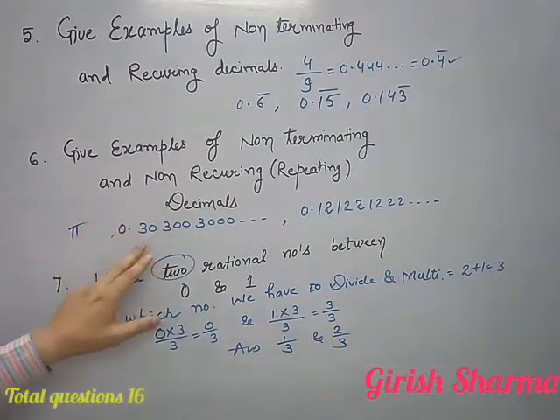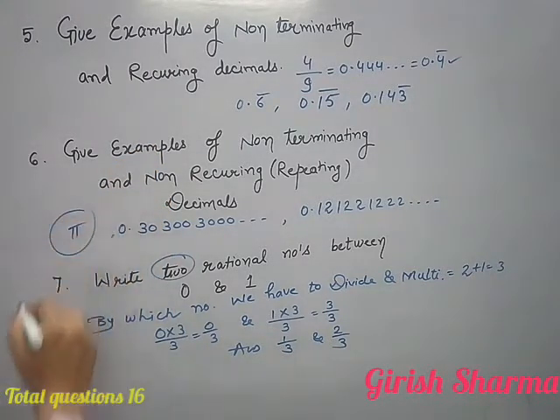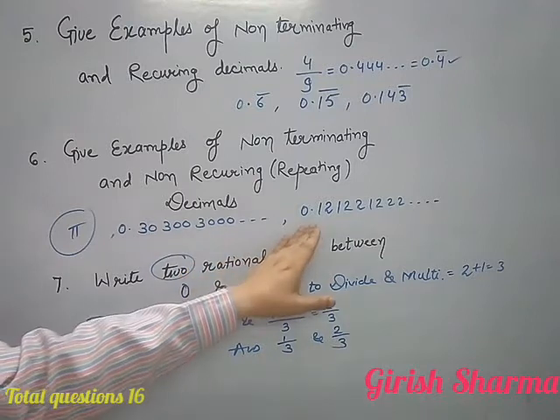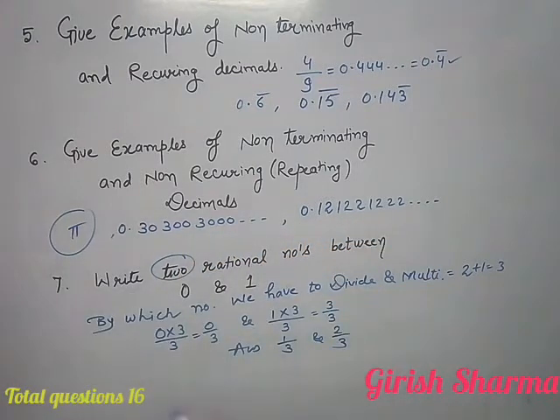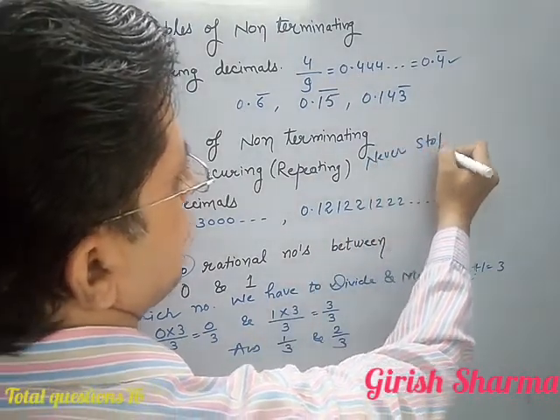See here, one of the great examples of non-terminating, non-recurring is pi. Then 0.30 300 300, 0.121, like its division never stops.